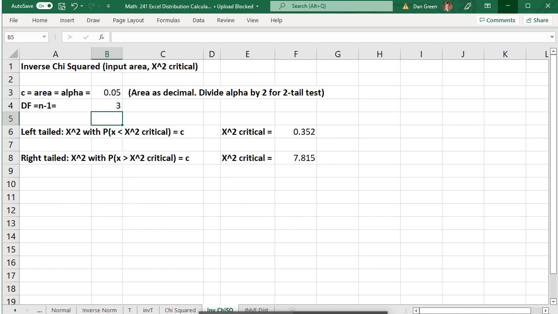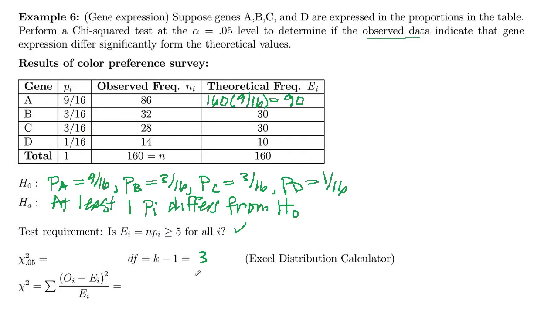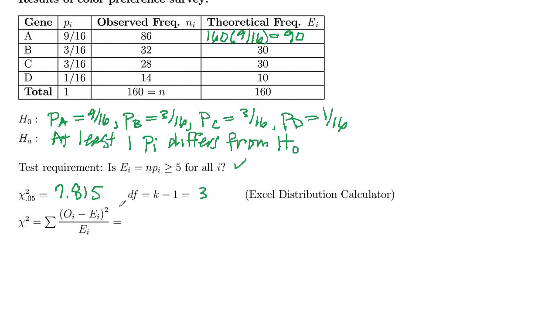If we go to our distribution calculator, we've got 0.05 for our area, 3 for our degrees of freedom. We want the right tail, 7.815. So we need our test statistic, chi-squared, to be greater than 7.815 in order to reject the null hypothesis.